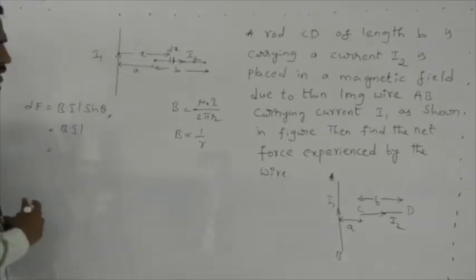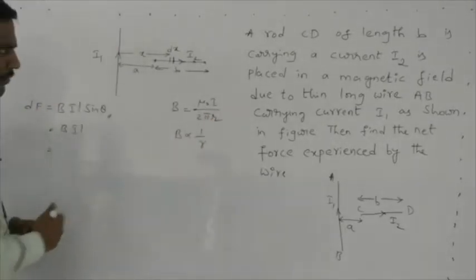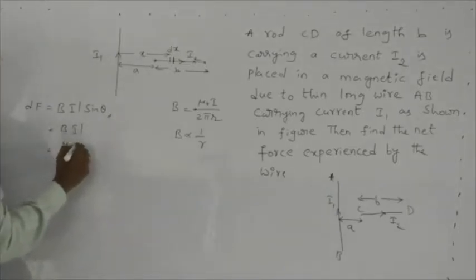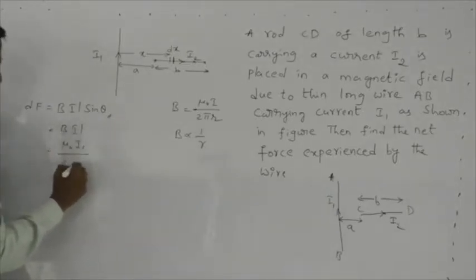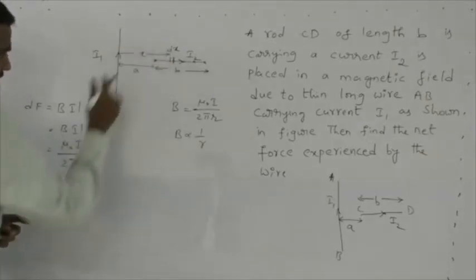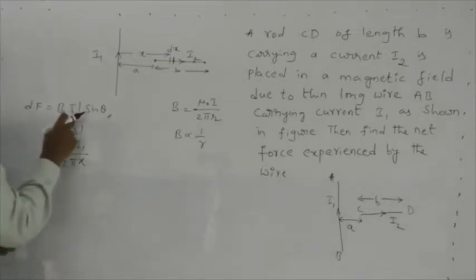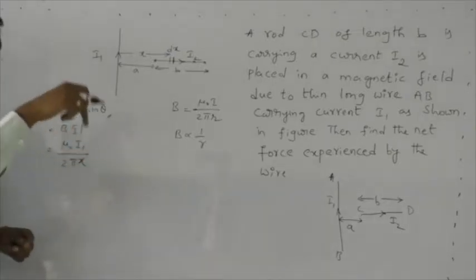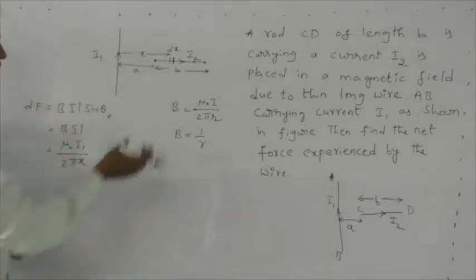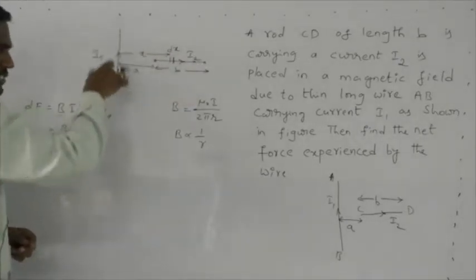Now what is B? B is nothing but mu naught I by 2 pi r, due to this current carrying conductor. Therefore, I can write mu naught I1 by 2 pi. Here, what is r? The distance, which is x. Therefore 2 pi x, multiplied by I, which is the current in the conductor we kept inside the magnetic field of this one.